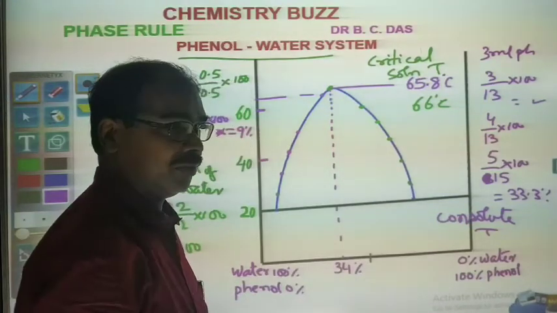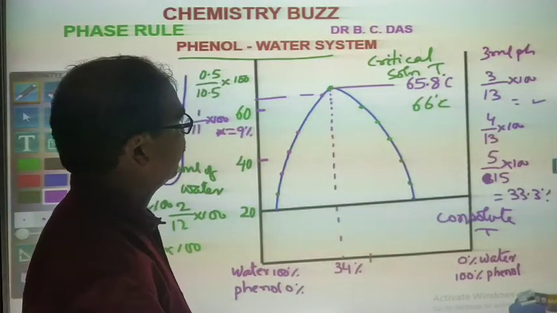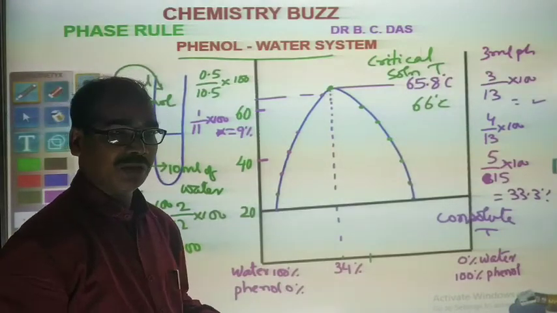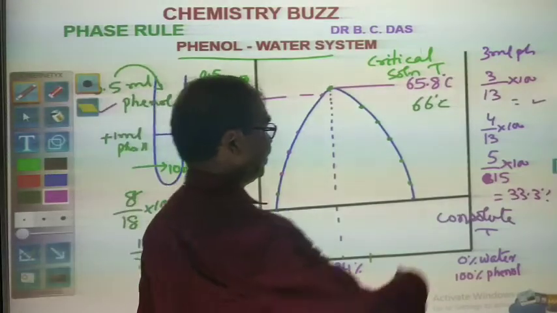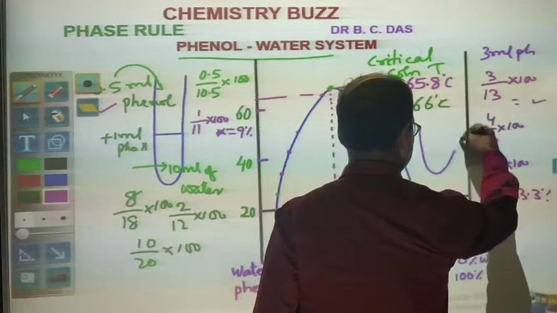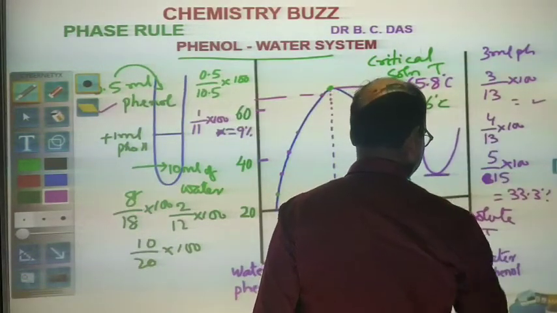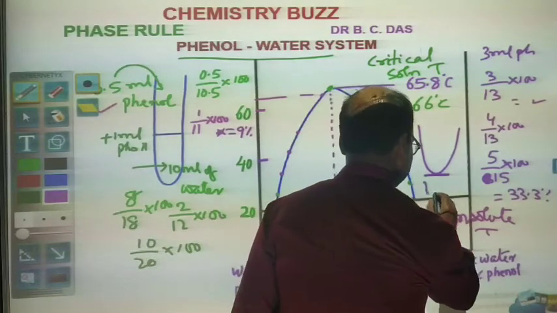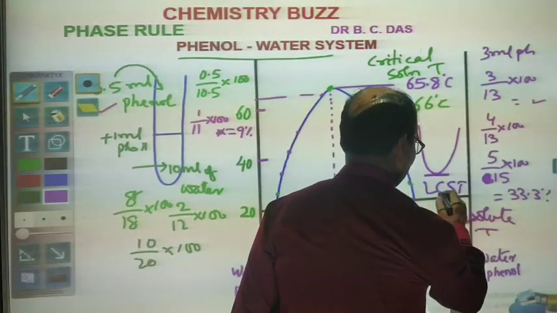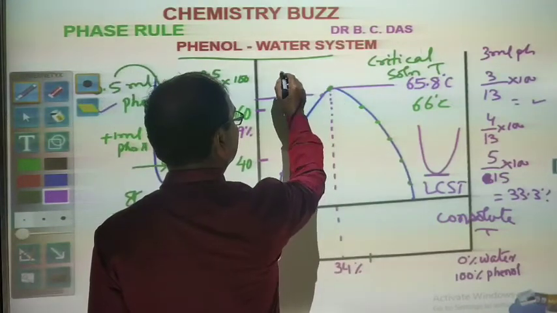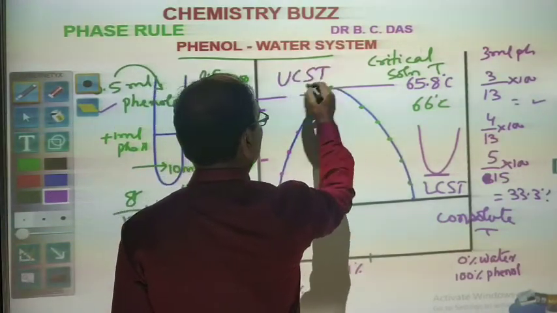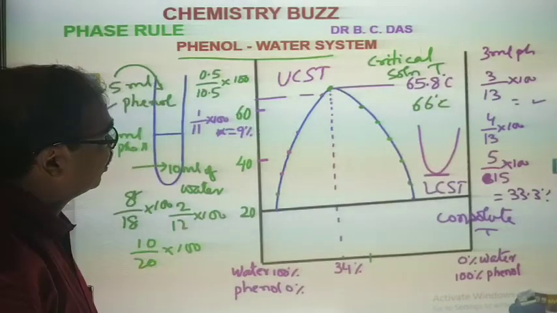In some cases, if we lower the temperature, then the miscibility will increase. In that case you will get a curve like this one, and this one will be the LCST, lower critical solution temperature, and this is UCST, upper critical solution temperature.